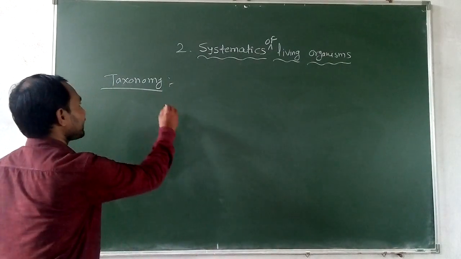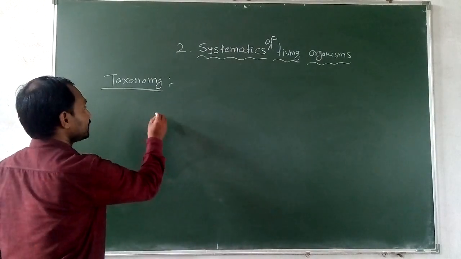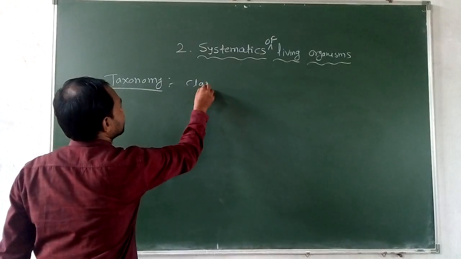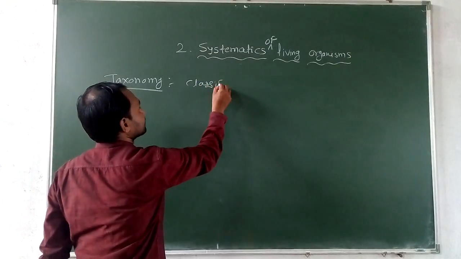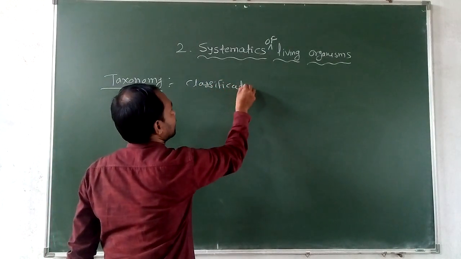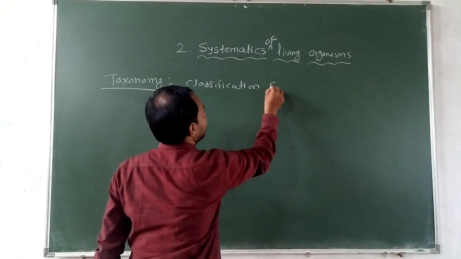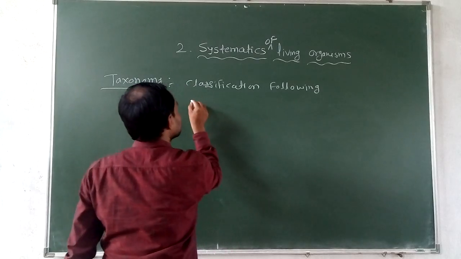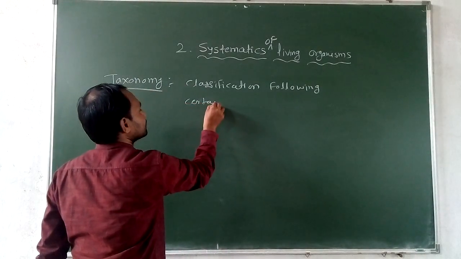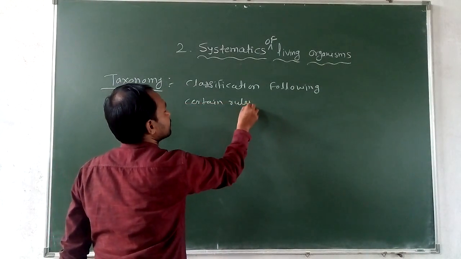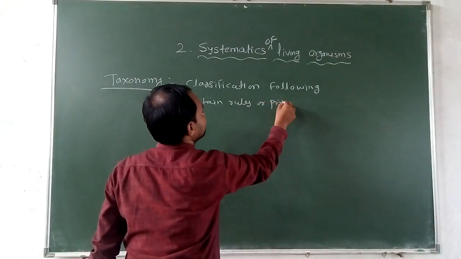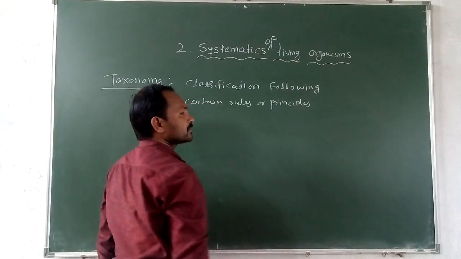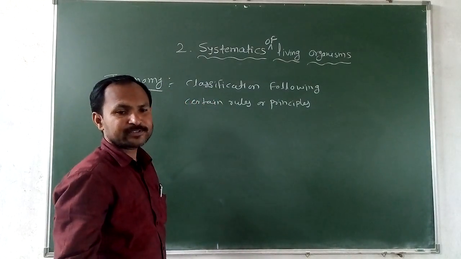And how can we write the definition of this taxonomy? Taxonomy means classification following certain rules or principles. This is the taxonomy. Then what is the meaning of that word?